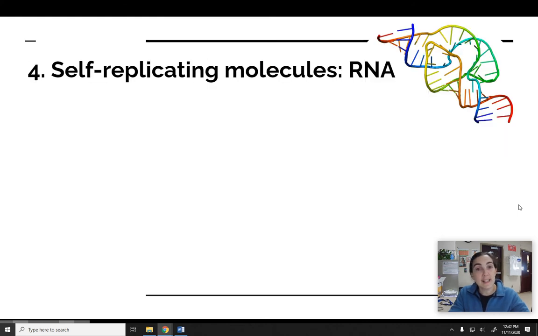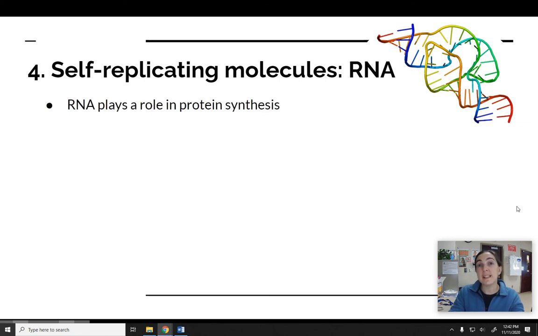So the last thing that's necessary is some kind of molecule that can store genetic information and can copy itself, because genetic information is essential to life, and we need to be able to pass it on to reproduce life. RNA is the molecule that scientists suspect was the first main type of genetic information, for a couple of reasons.